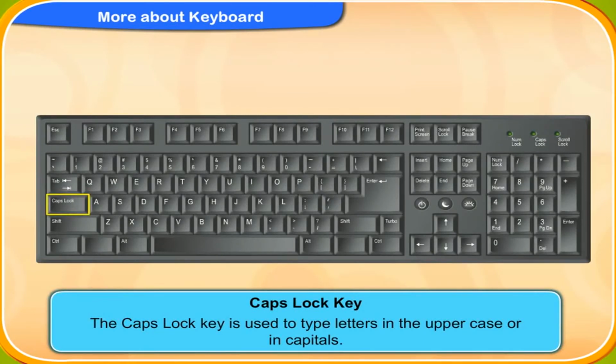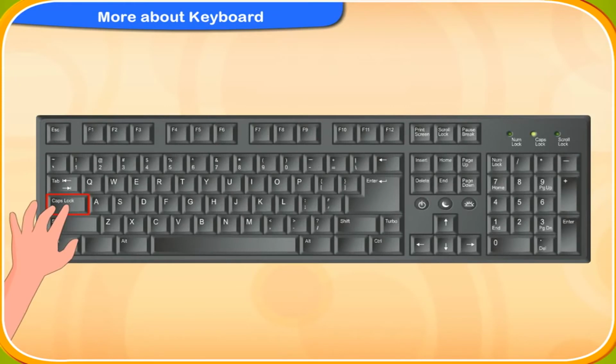The caps lock key is used to type letters in uppercase, or in capitals. So press this key. Hey, I pressed the caps lock key and a light glows on the keyboard. Yes, it means the caps lock key is on.